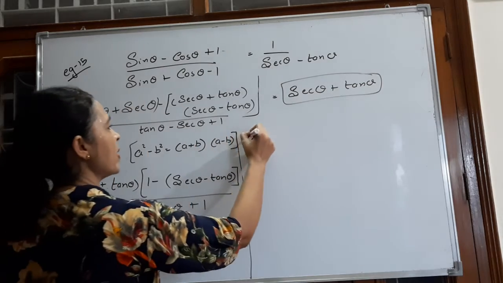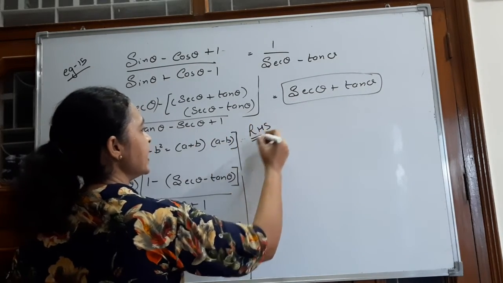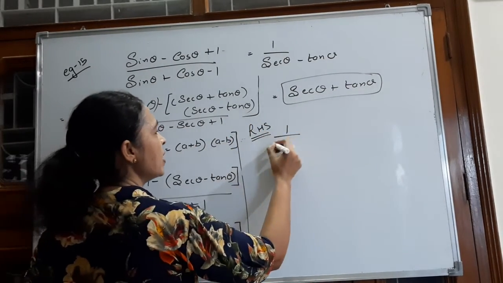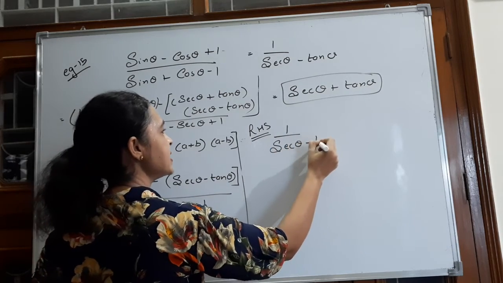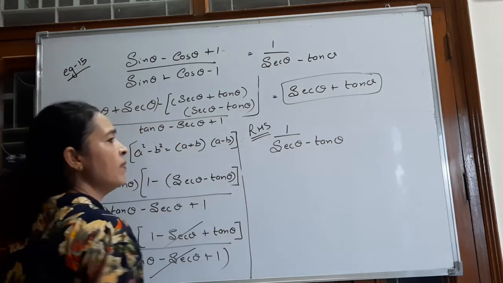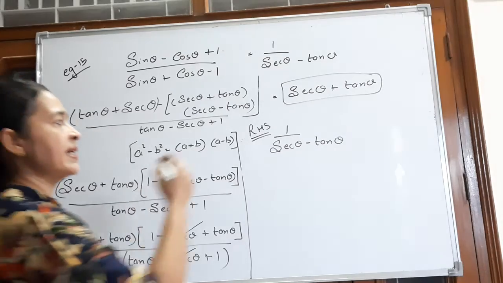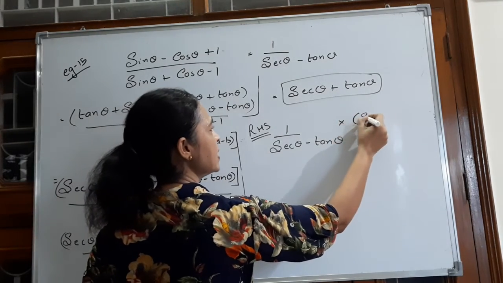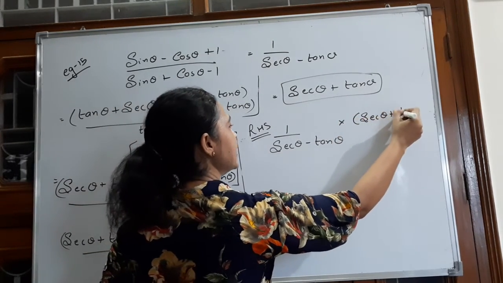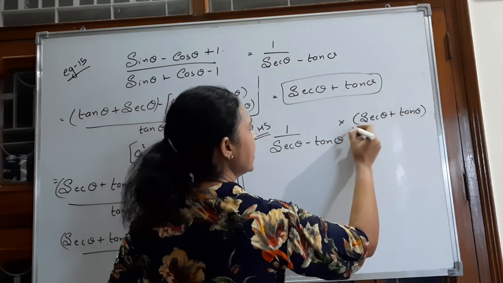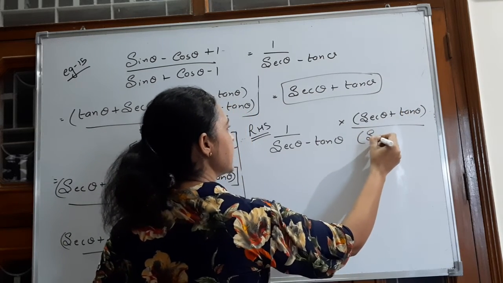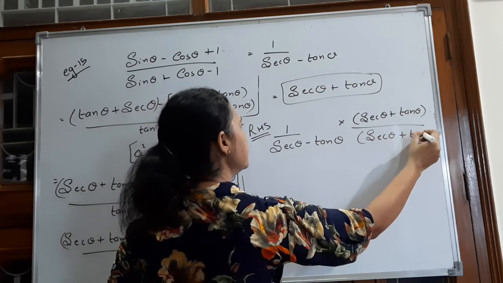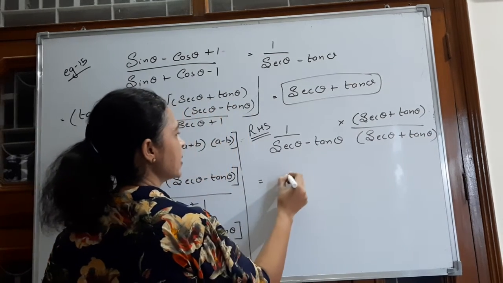Now we are working on the right hand side. What is the right hand side? We have 1 upon sec theta minus tan theta. What will we do? We will rationalize it with sec theta plus tan theta. Multiply and divide both by sec theta plus tan theta. What will we get?